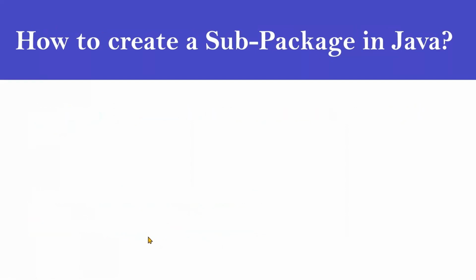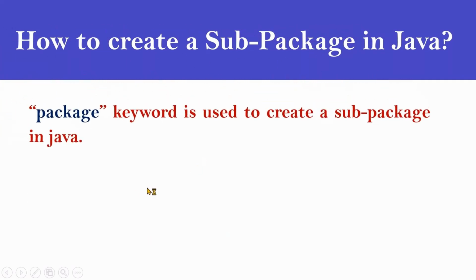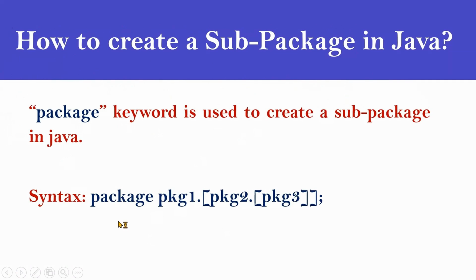How to create a subpackage in Java? Again here we need to use the same keyword called package to create a subpackage in Java. The syntax is package, then the main package name, dot, subpackage name, dot, another subpackage. It can go on. Here we have put this in square brackets, which means it is optional.